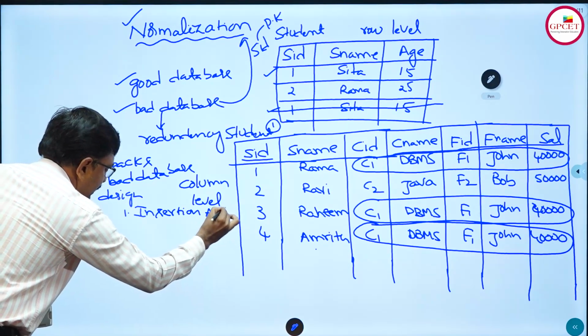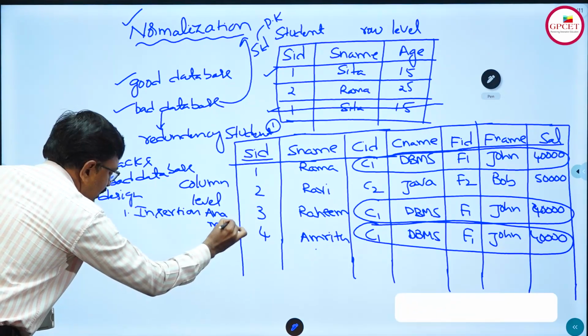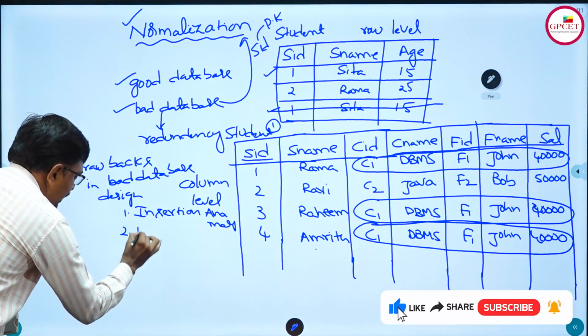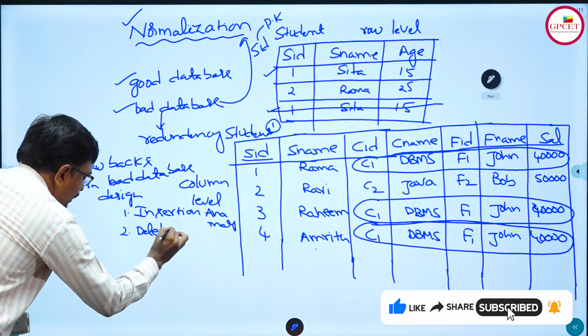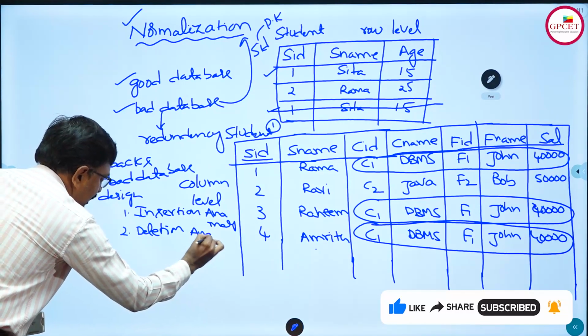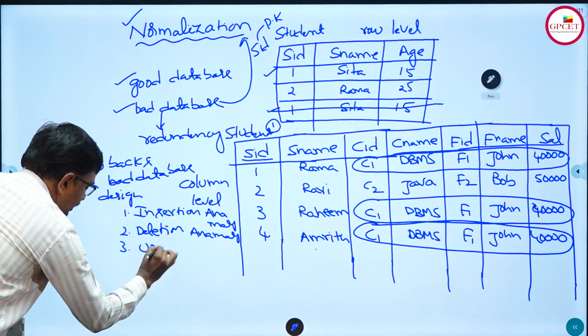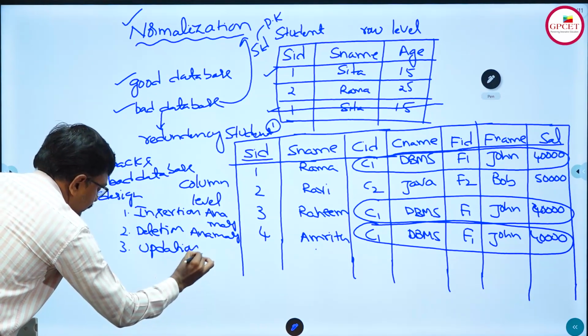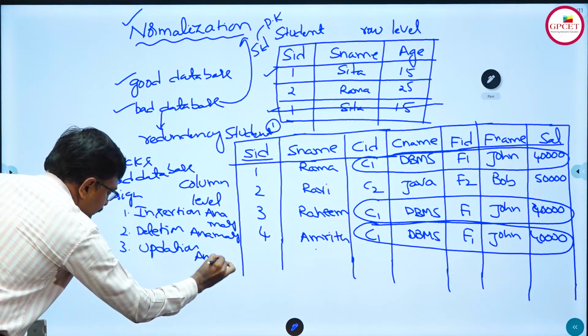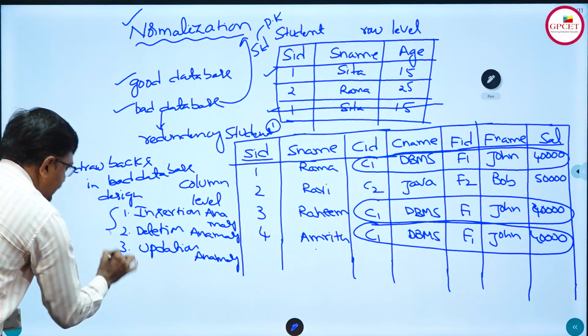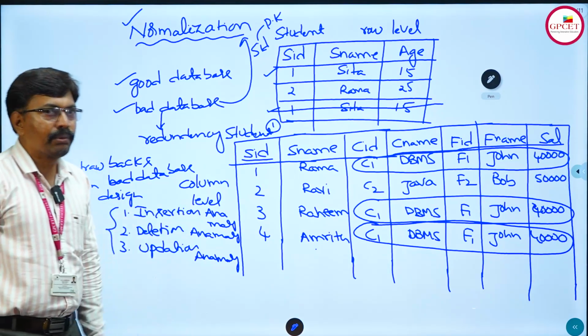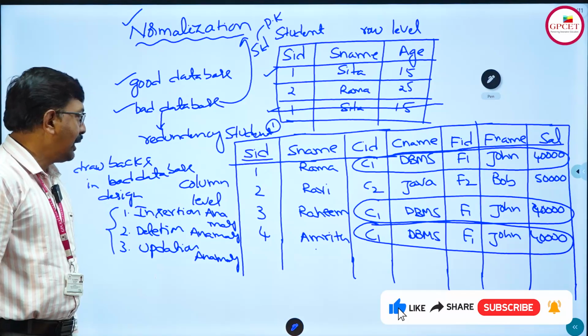The second one is the deletion anomaly. And the third one is the updation anomaly. Those are three problems. Anomaly means problem: insertion problem, deletion problem, updation problem.